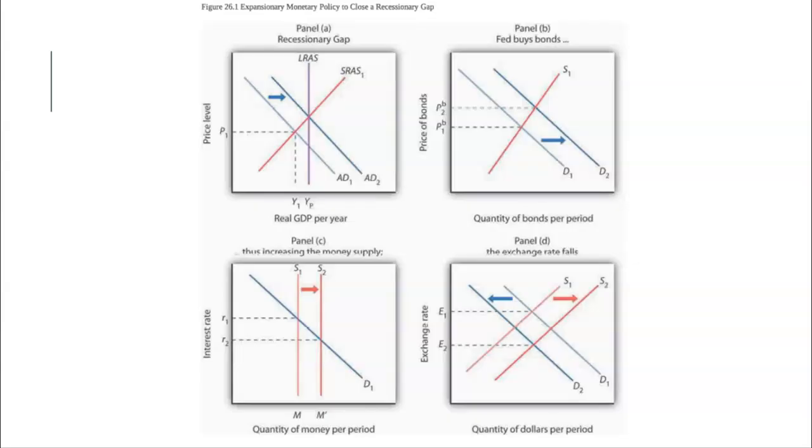Okay, so here's what it looks like on graphs. So we start here at panel A, and we're at this equilibrium where we're below that long run potential. So the Fed is going to buy bonds. So the demand in the bond market goes up. This increases the price of bonds, which we'll talk about more in the fiscal policy chapter.